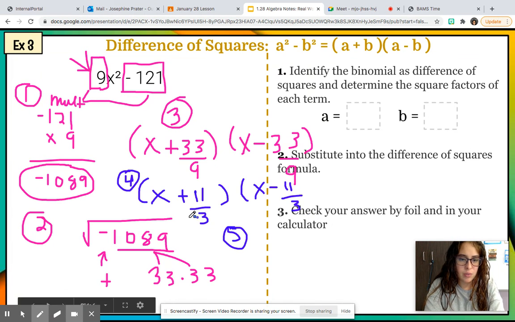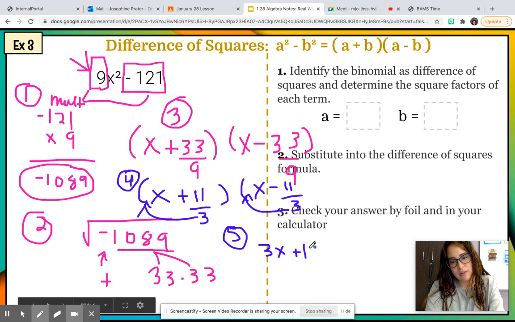So then they're going to move up. So we call this the bottoms up method. So it's 3x plus 11, 3x minus 11.